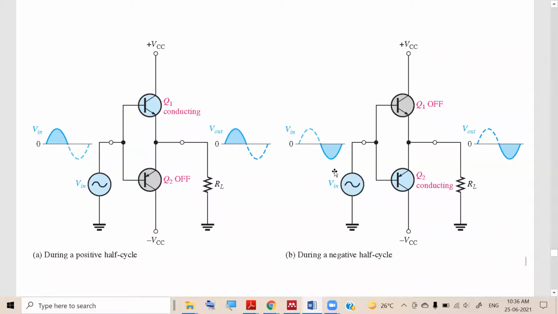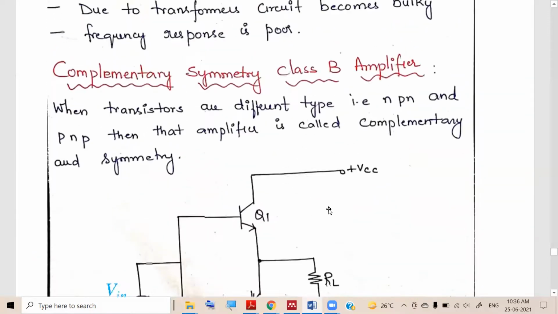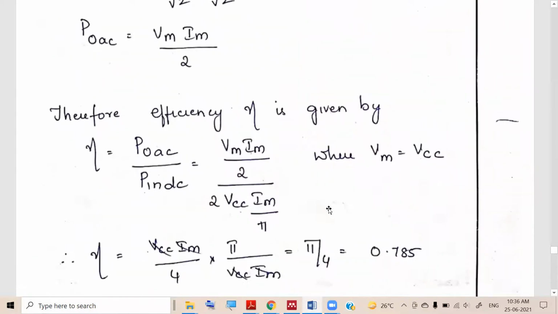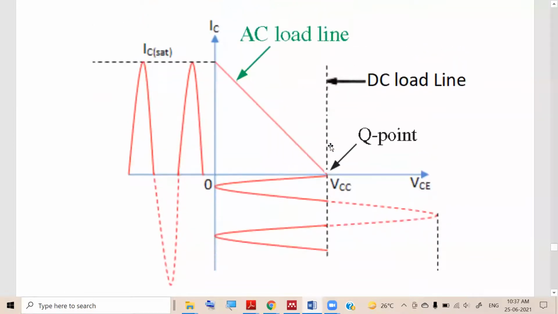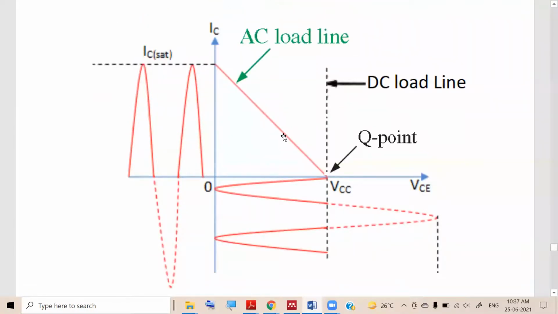For the second half cycle, Q1 will be off, and Q2 will conduct and amplify. In this manner, both the positive and negative half cycles are amplified. This is a class B amplifier. Class B, remember, we are operating at cutoff. Operating at cutoff means there is only place for one half cycle.